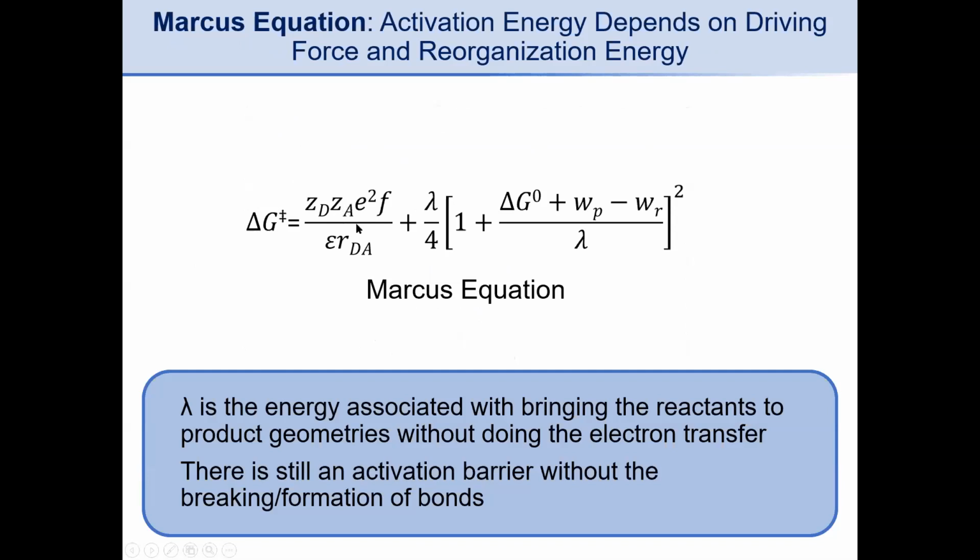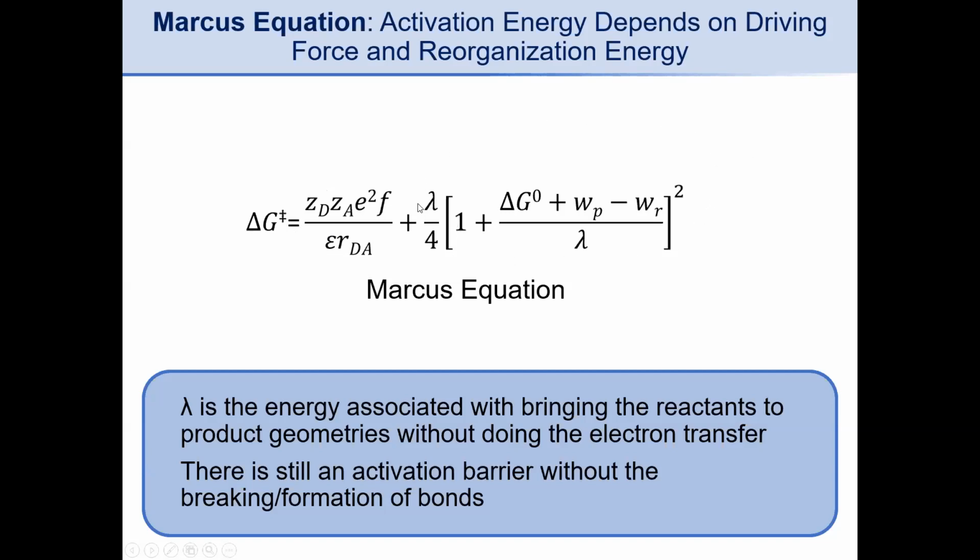But usually we want to neglect this because it has a term R_DA, which is somewhat difficult to determine experimentally. So usually we'll do measurements of rate in solvents with high dielectric constants to drop this term to near zero, so that we can only focus on the important term over here.